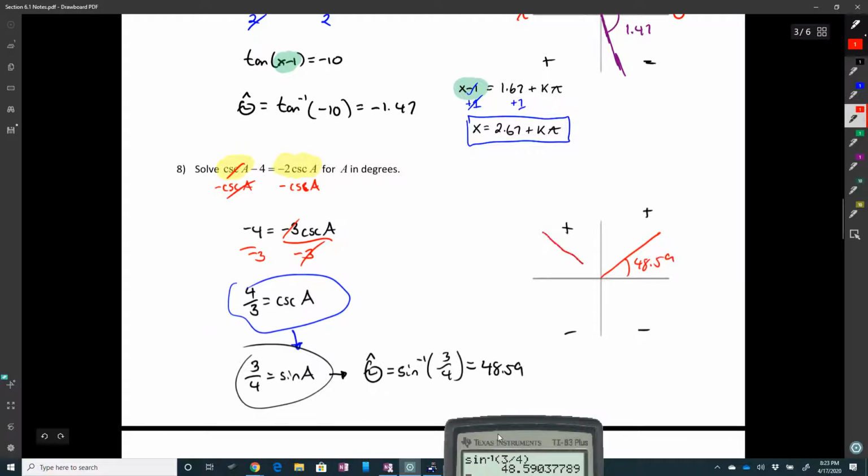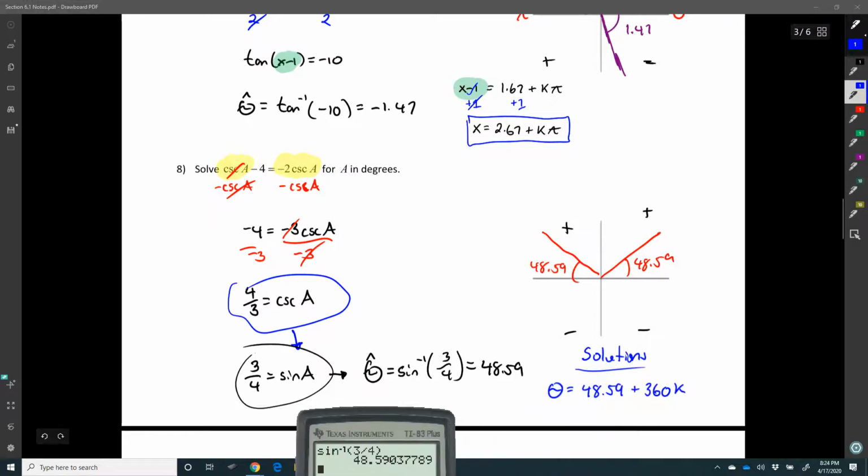The other answer would be over here. And so we're going to have two different answers. The first answer is just the given one because it's in quadrant 1. So for my solutions, it's going to be theta is equal to 48.59 plus 360k.